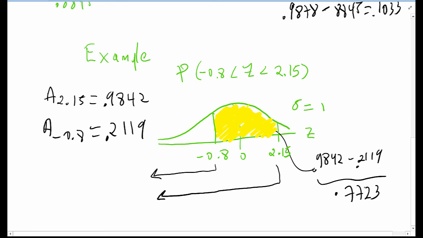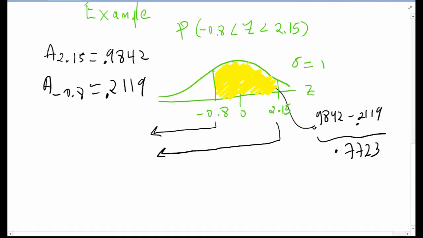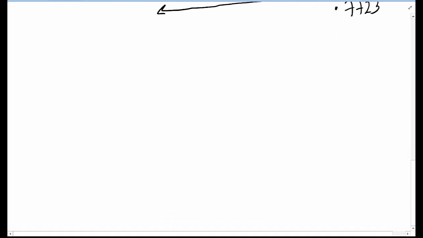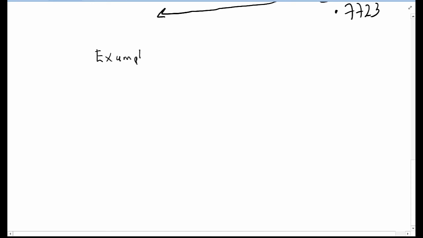So another example. In this example, we want to find out the percentage of data, or the probability of finding a value that is greater than, let's say, 1.27.